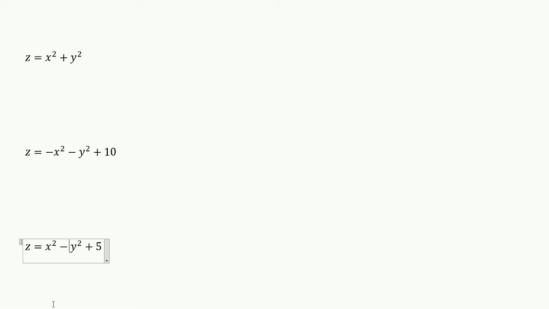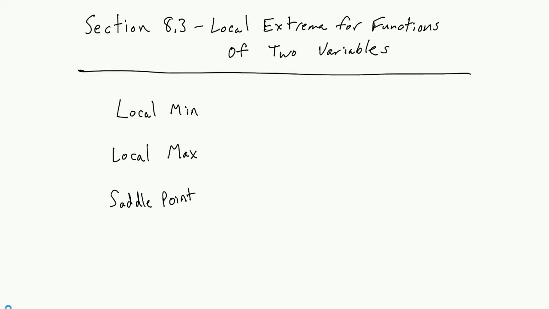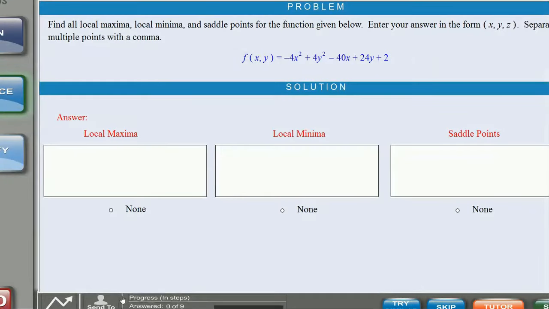Okay, so what we're going to concern ourselves with is working on these multivariable functions and finding the local max, the local min, or saddle point. So let me pull up Hawks here. This is what the questions look like.